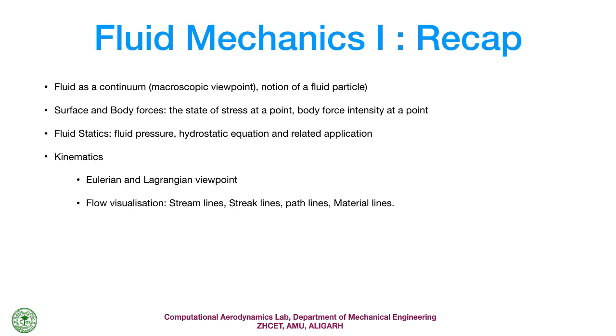If you take a picture, or basically take the locus of these points where they are, and you join them, then that line would be called the streak line. Material lines are the most simple things. They are just a line in a fluid flow. That is the easiest thing.